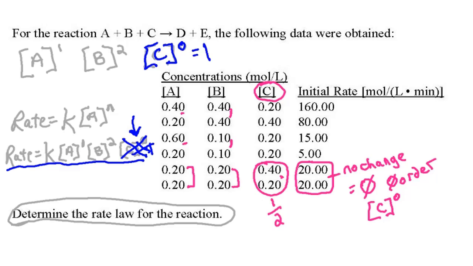And now let's look at A. A is to the first power. Well, anything raised to the power of 1 is itself. So we don't need this 1 written up there. It's implied already.